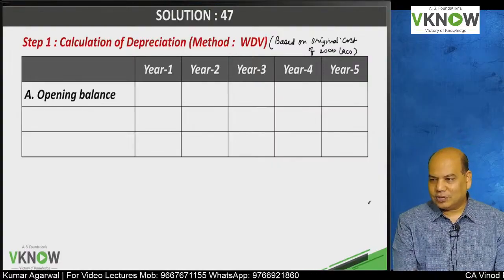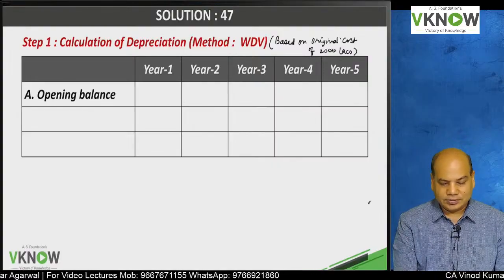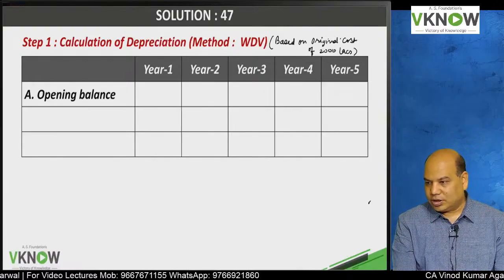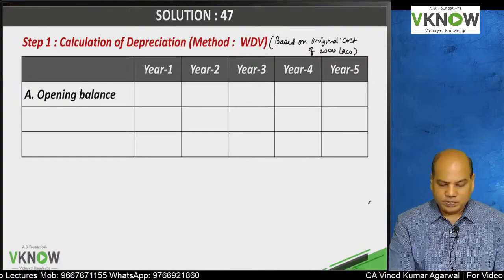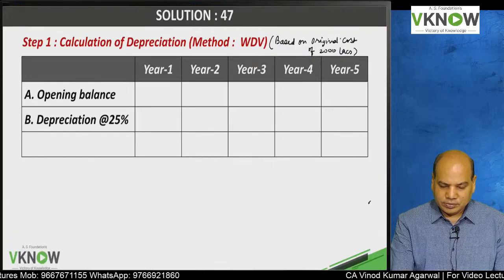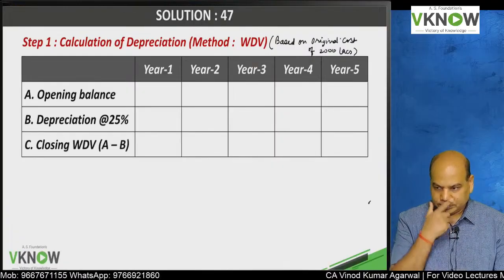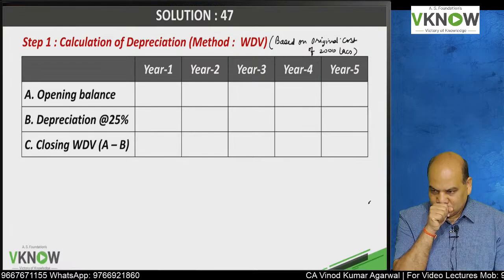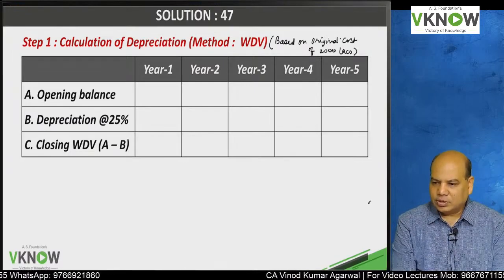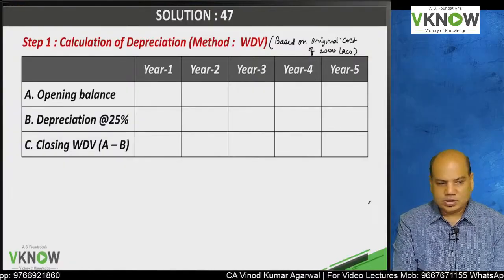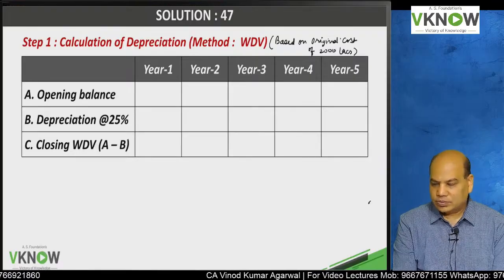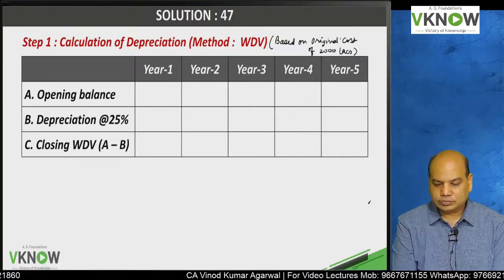Yes. Draw the table with 5 columns on the right side. Year 1, year 2, year 3, year 4, year 5. And when the method of depreciation is WDV, you will have to prepare a tabular format. Opening balance, depreciation at 25%, closing WDV.